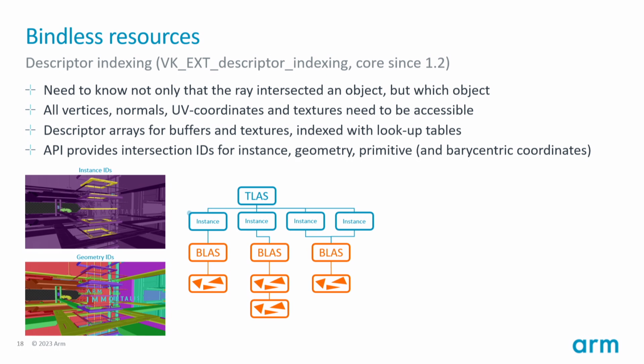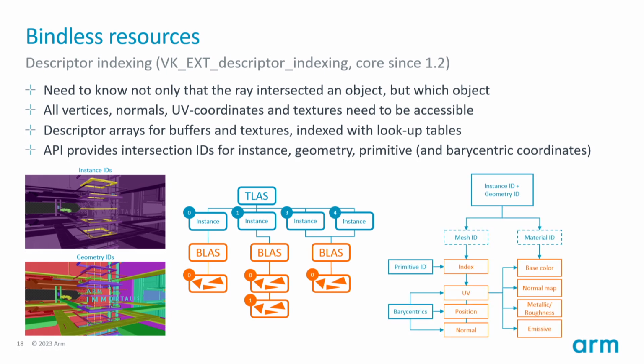Okay, so with the primitive ID, we can access the relevant index buffer and retrieve all the vertex attributes, including texture coordinates.